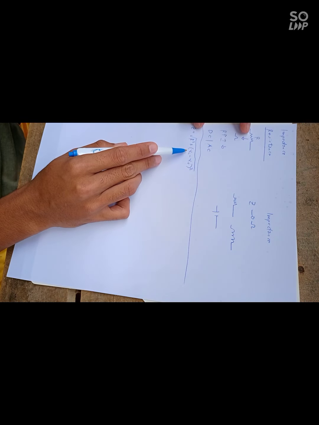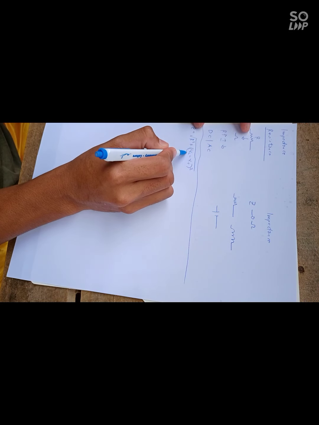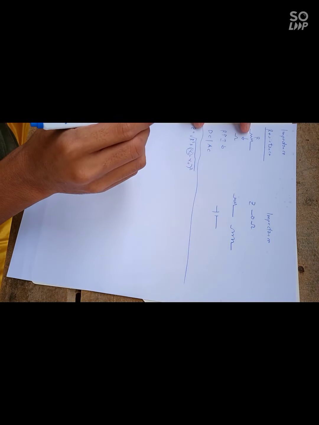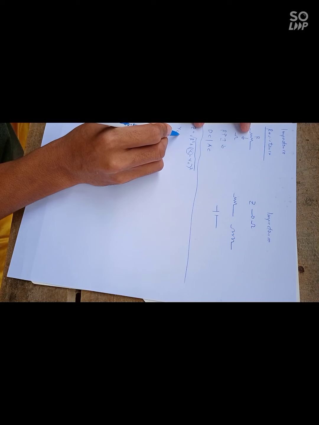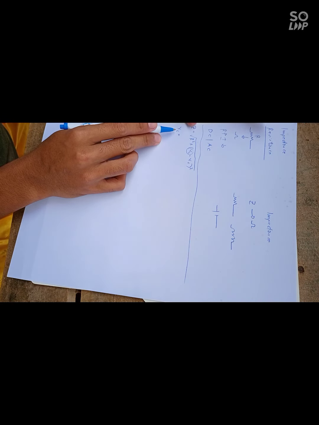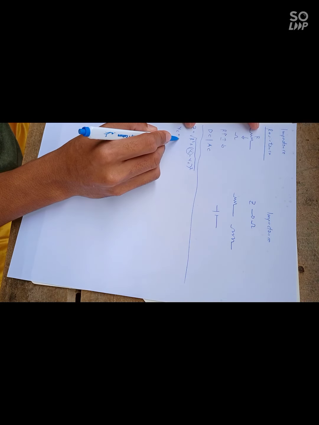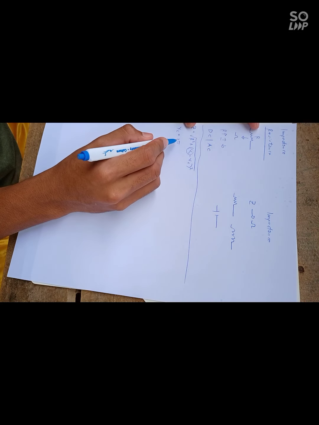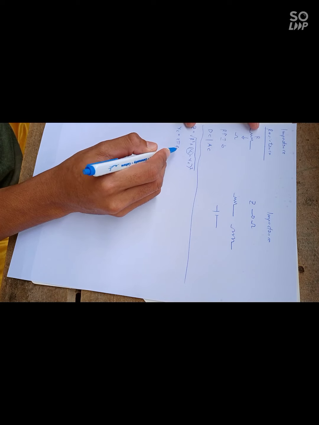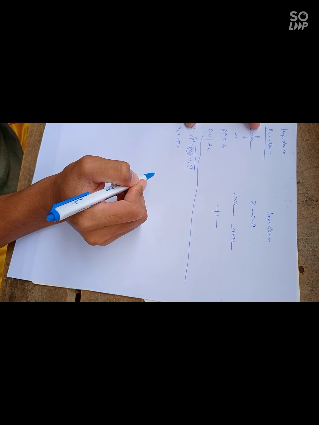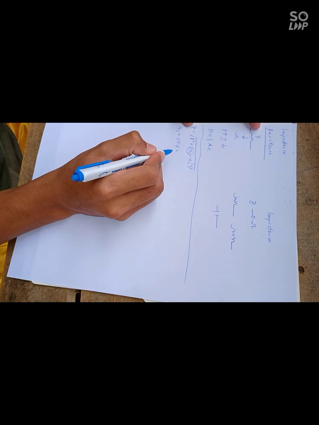Let's talk about the formula of inductive reactance. Inductive reactance is 2 pi times frequency times inductance.